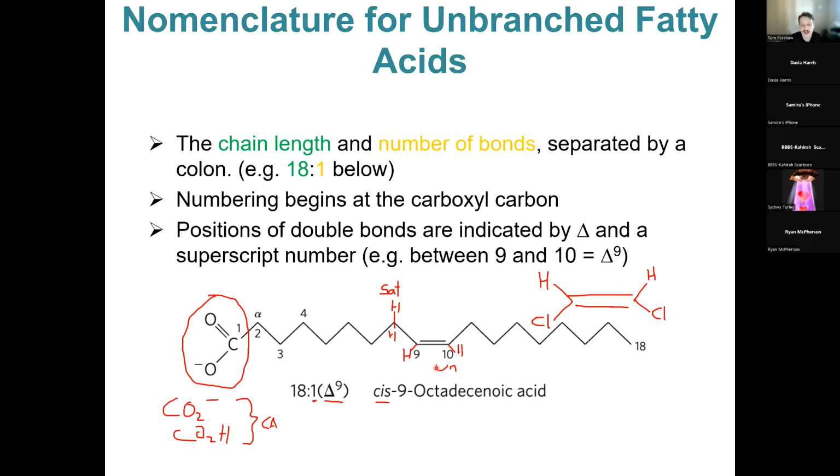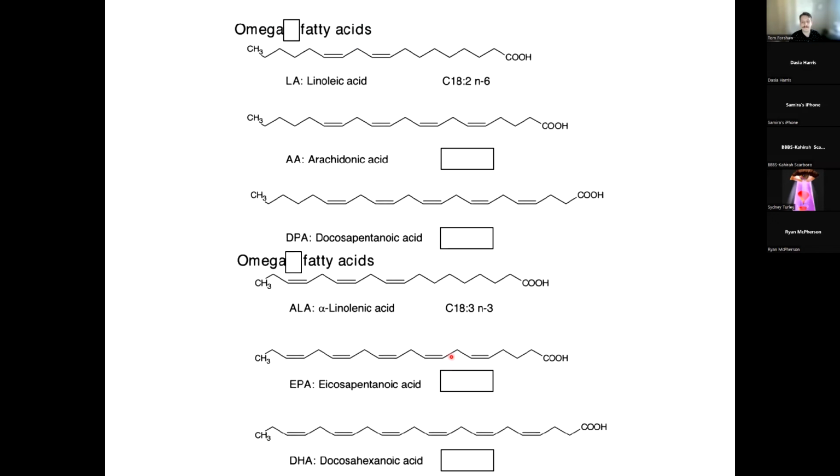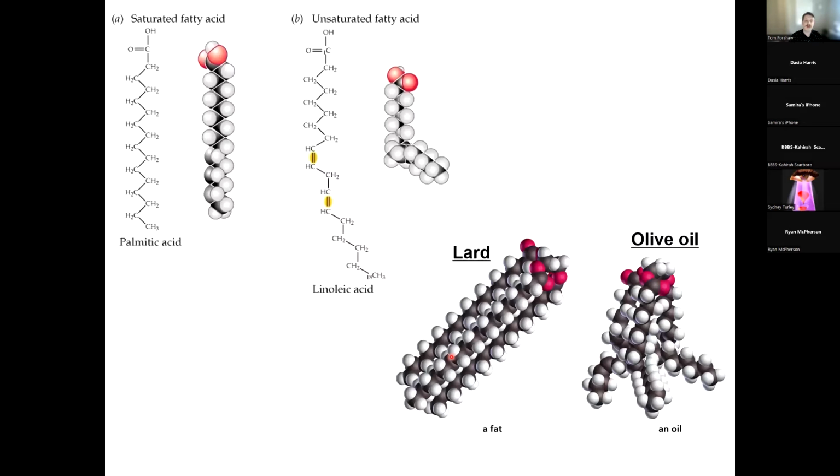When you introduce the double bonds, you get what's referred to as a kink. The double bond, because it's in the cis conformation, doesn't form a straight line anymore. Now it forms a kink, and that affects it so that it can't pack so well.